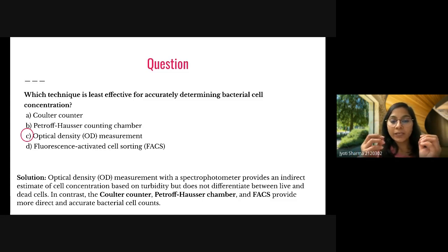But it is not able to differentiate whether this is live bacteria or dead bacteria, because this is just based on the turbidity. That's why this is the least effective for determining the bacterial cell concentration. The other techniques provide more direct and accurate bacterial cell counts. So that's why C is the right answer.